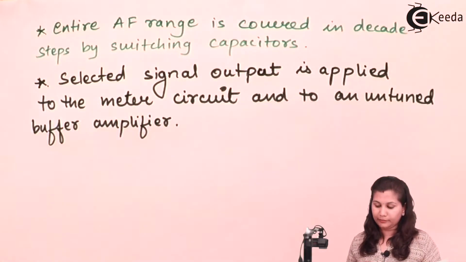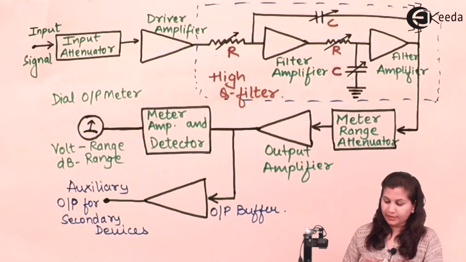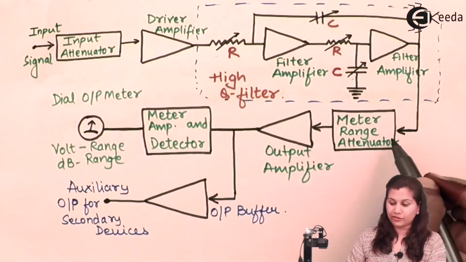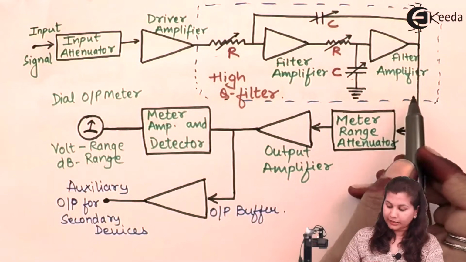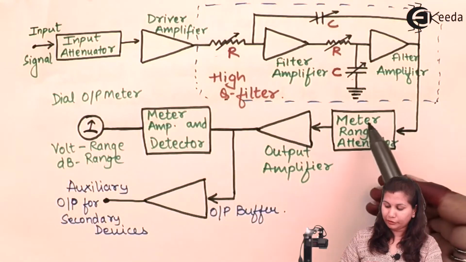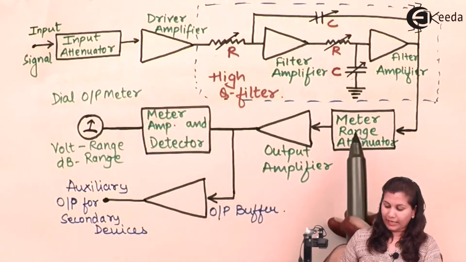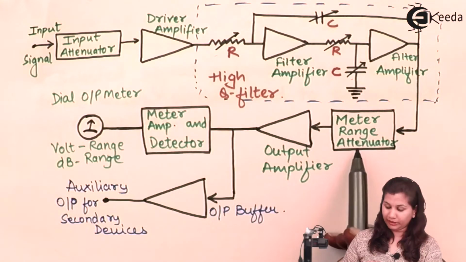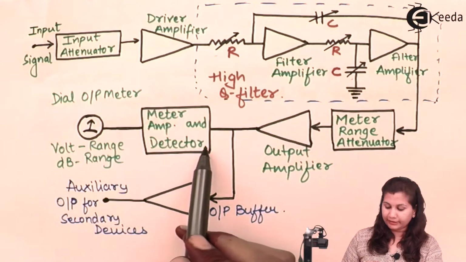Now here in the block diagram, you can see that after coming out of the final amplifier stage, the final amplifier in this Q filter, this output is applied to the meter circuit. In this meter circuit, we have the meter range attenuator, then output amplifier, then meter amplifier and detector.